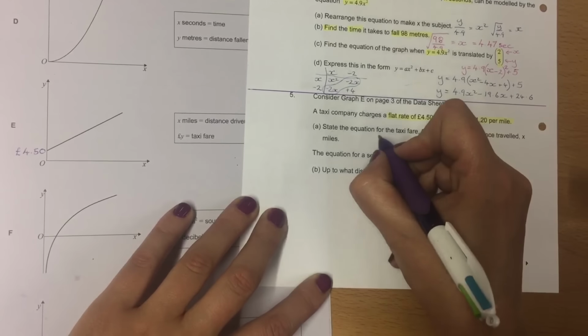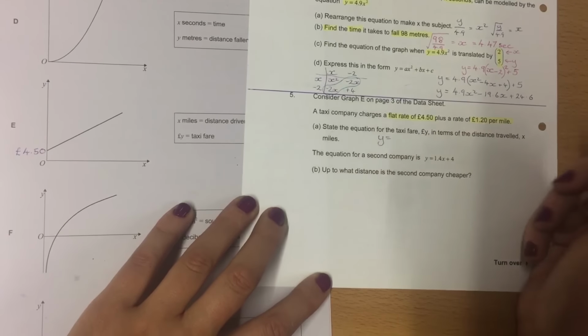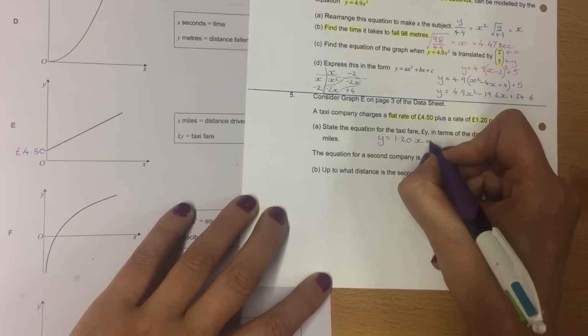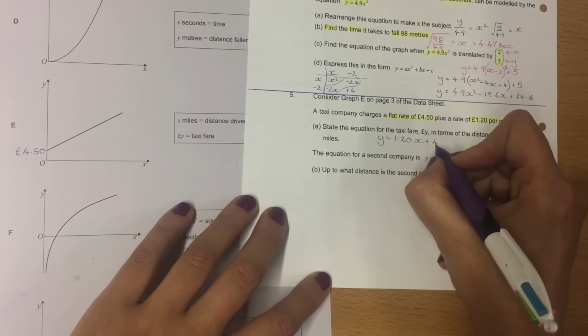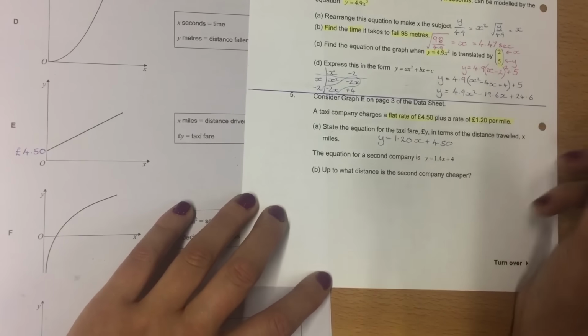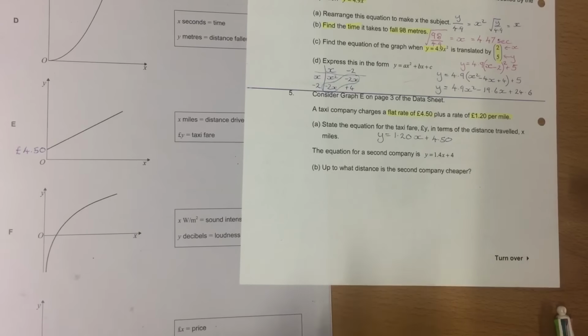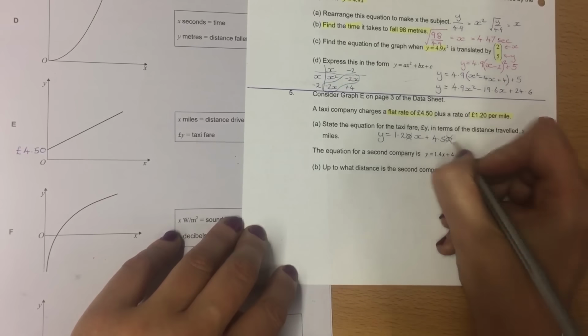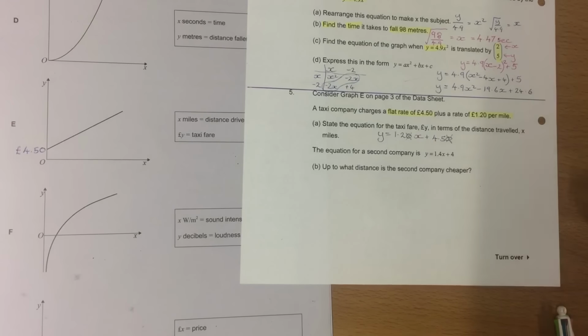So the equation is going to look like y equals 1.20x plus 4.50. Now, because it's money, it's not a problem if you leave the zeros in. However, from a maths point of view, you don't actually need either of the zeros.